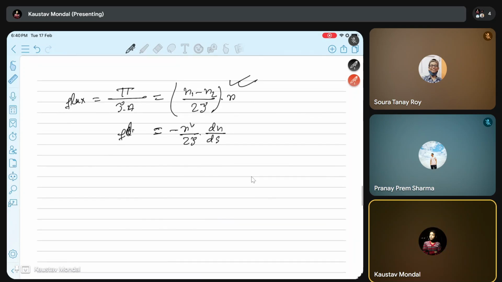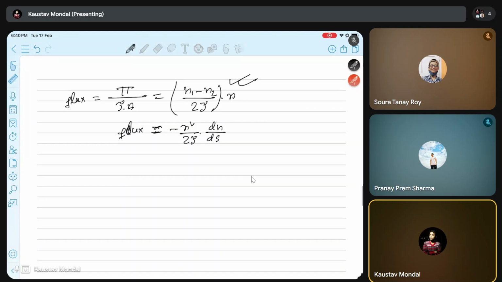Sorry, I said viscosity earlier. It's not the viscosity coefficient, it's the diffusion coefficient.